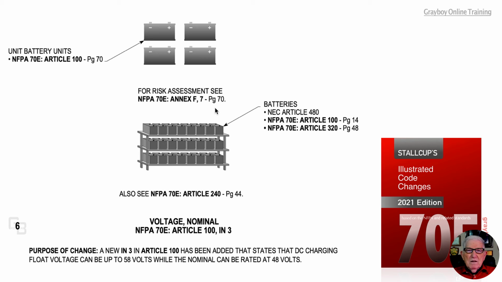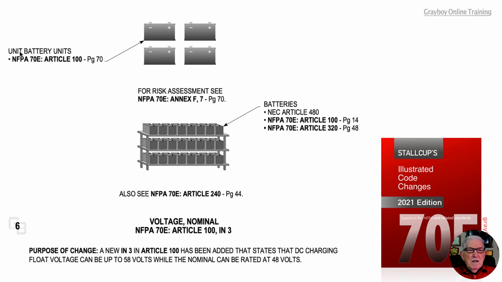We would naturally review that Annex D, and there is a part in the Annex D to NFPA 70E that kind of gives a rule of thumb, an estimate of how to calculate the available short circuit current that might occur due to a battery ground fault of some sort. But notice it's an estimate. If you want to be very accurate, refer to the manufacturer of the battery system.